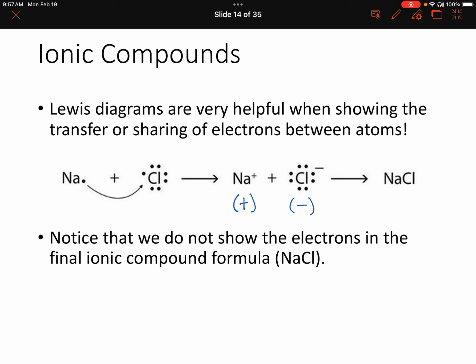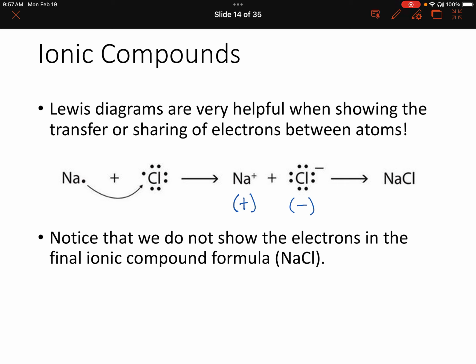And the way we write that ionic compound is NaCl. So notice that we don't show the electrons in the final ionic compound formula. We also don't show the charges because the charges will always be the same for these ions. Sodium will always be a positive 1 ion. Chlorine will always be a negative 1 ion.